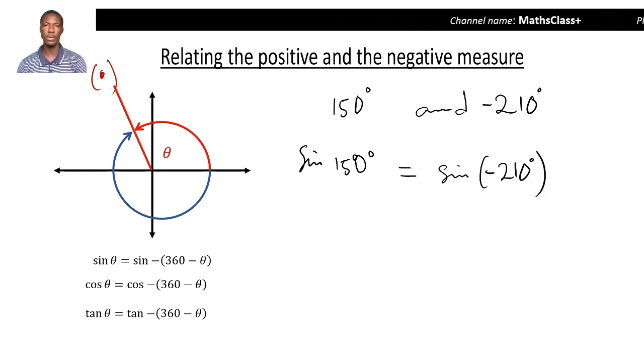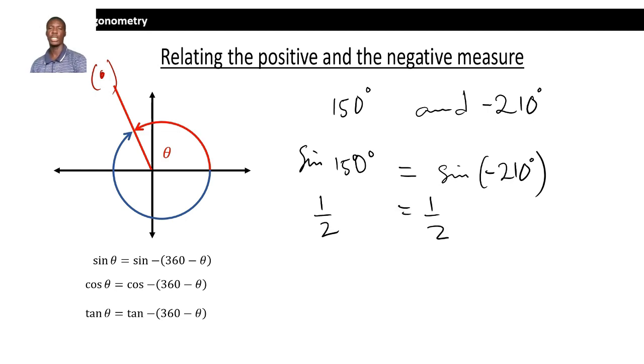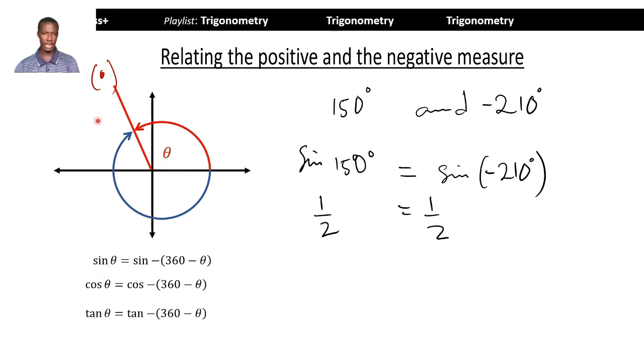So check with your calculator. In each case, I got 1 over 2. So that's what I had. I believe you also had the same. Okay. So the conclusion drawn here is that sine theta is equal to sine of negative (360 degrees minus theta).